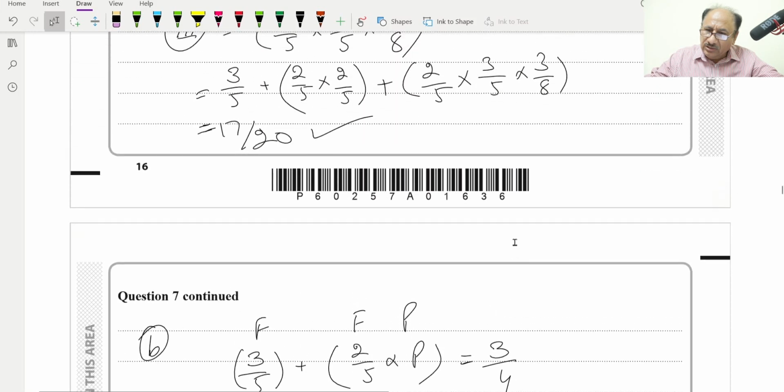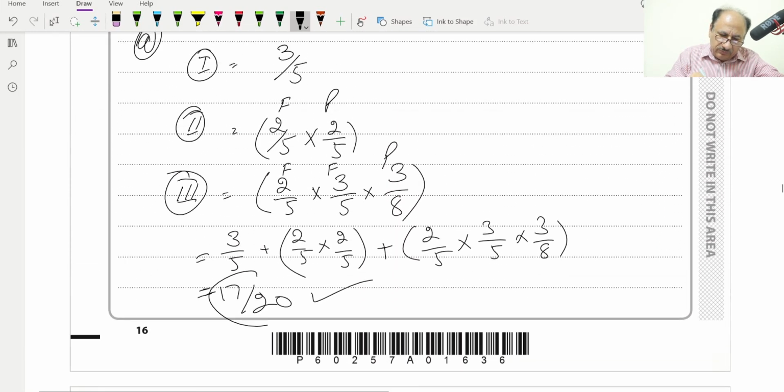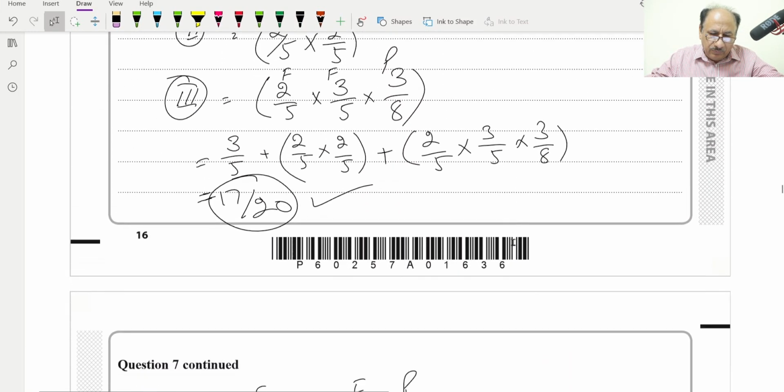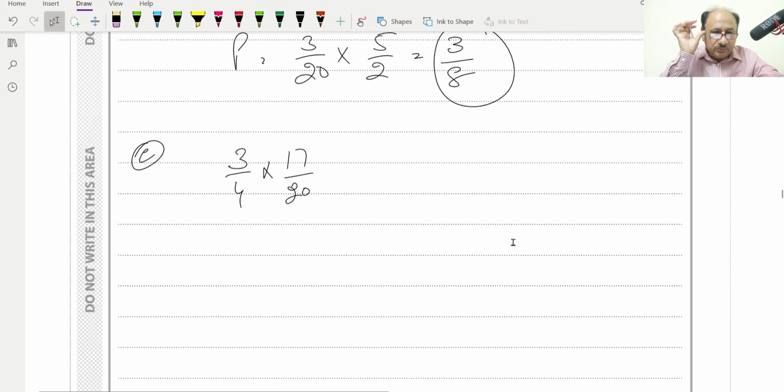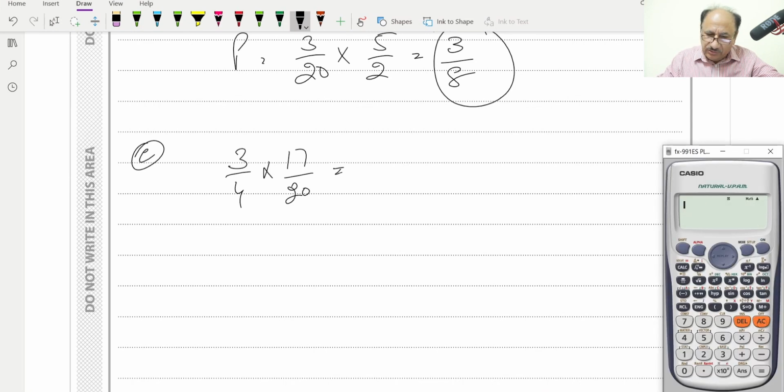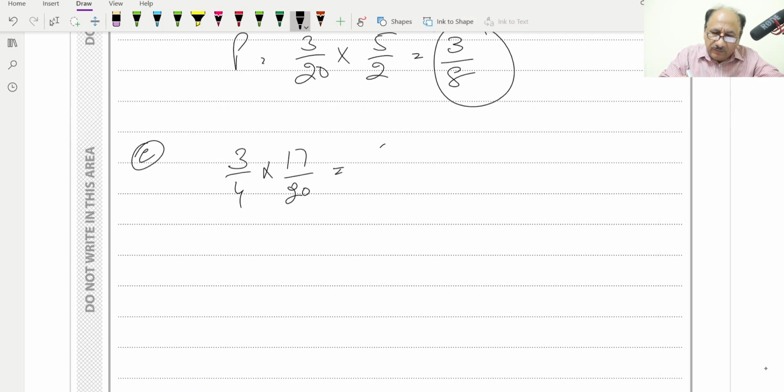That is the probability for the third attempt pass, so we calculate 3 divided by 4 multiplied by 17 over 20, and this is equal to 51 over 80.